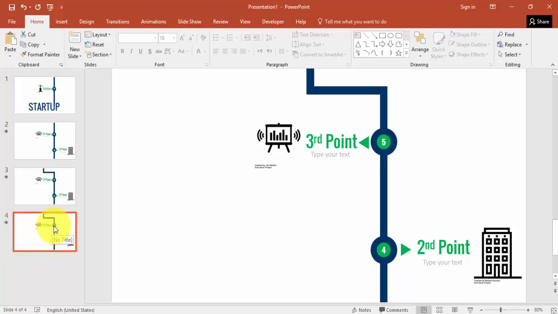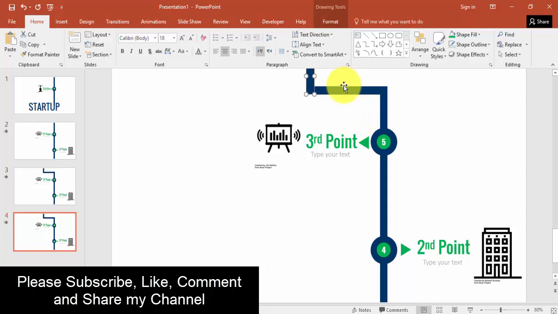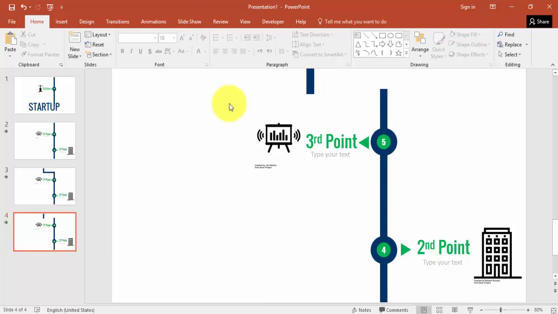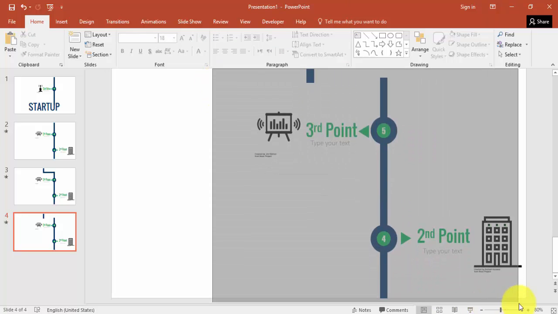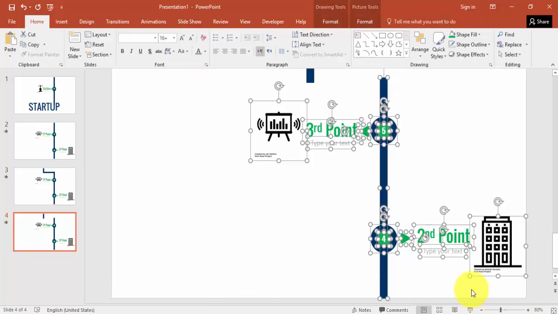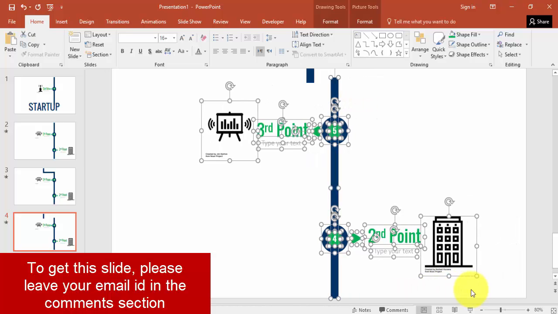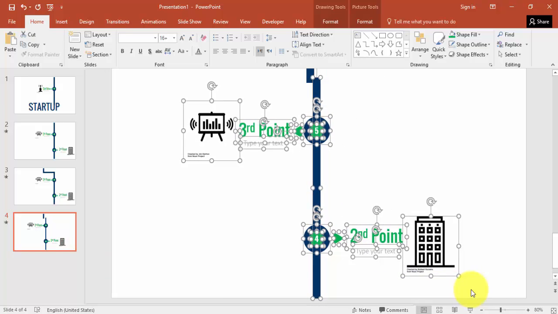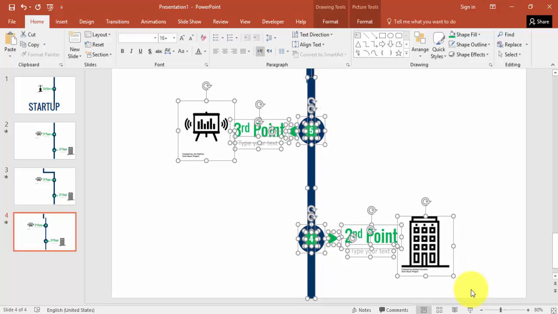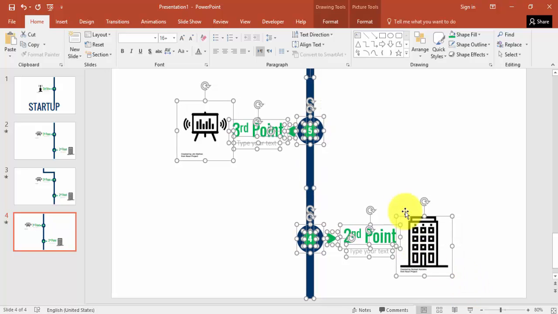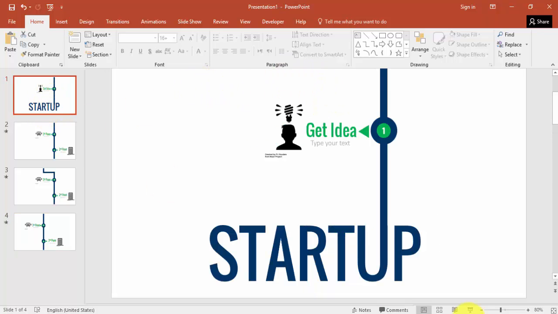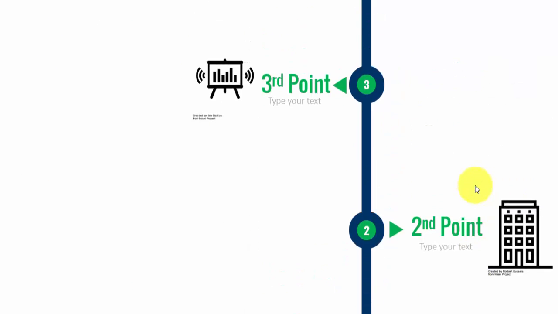I'm going to start my line from here. So I'm going to delete this part, and maybe I will select the whole of this and bring it here. Let's see how it will look. You have to align it properly. If you see, this is not properly aligned, but let me see how it looks.